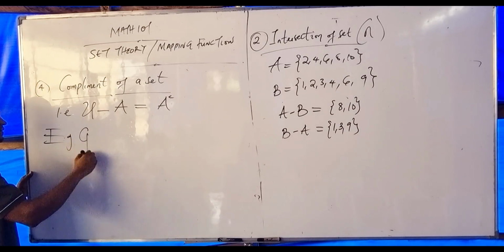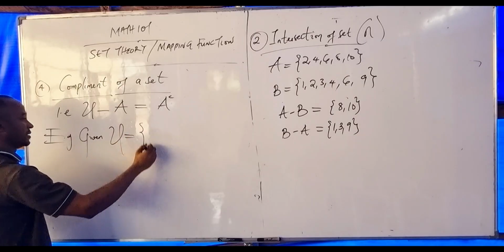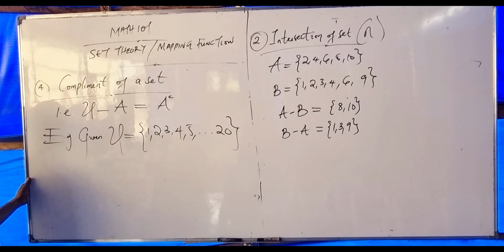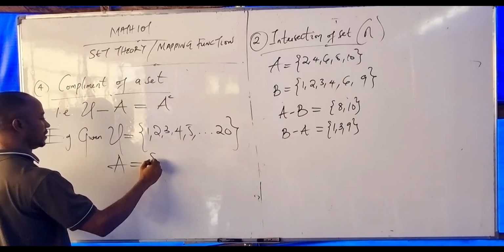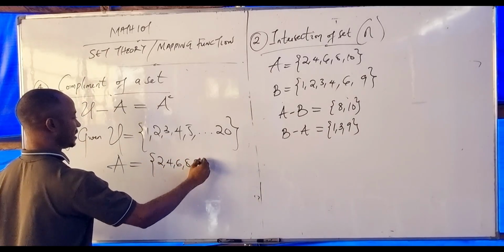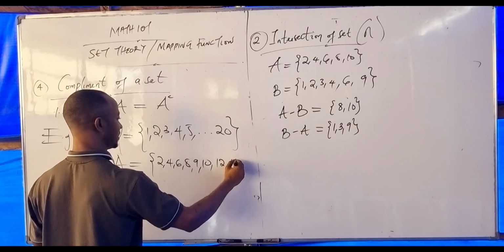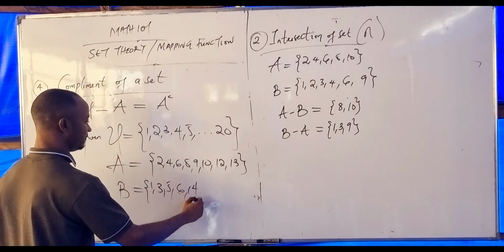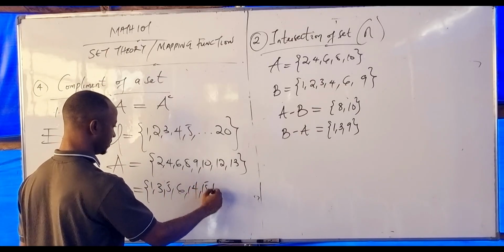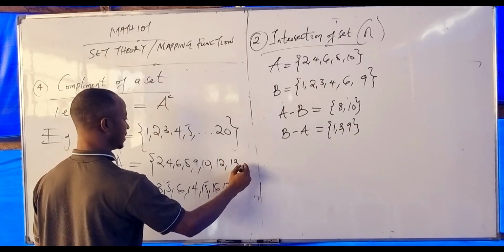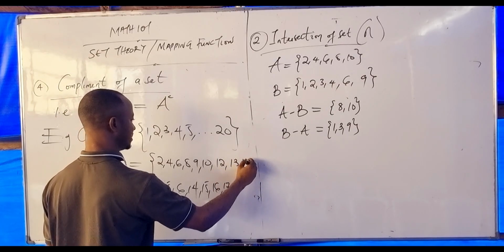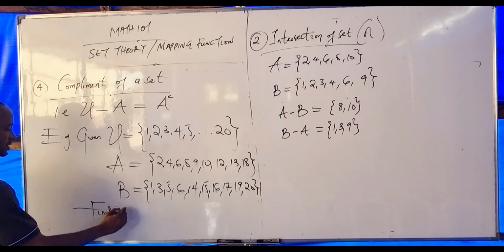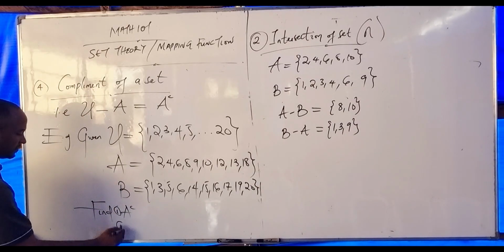Now, an example. If we are given that the general set is 1, 2, 3, 4, 5, dot, dot, dot to 20, and A equals 2, 4, 6, 8, 9, 10, 12, 13, and B is 1, 3, 5, 6, 14, 15, 16, 17, 18, 19, and 20, then we have to find number 1, A complement, and number 2, B complement.